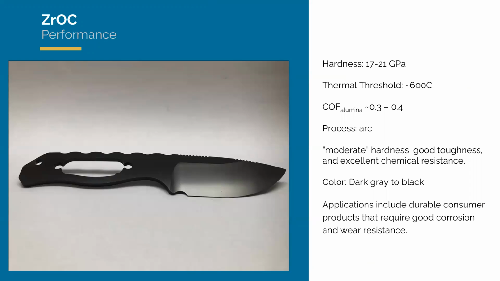It's not as hard as zirconium nitride, for instance, but it has more than enough hardness, much higher than the substrate itself, independent of what type of metal you're using. This coating is going to be harder than that. In our case, it's produced with cathodic arc, and you can obtain all those colors from a graphite or gray color to black.